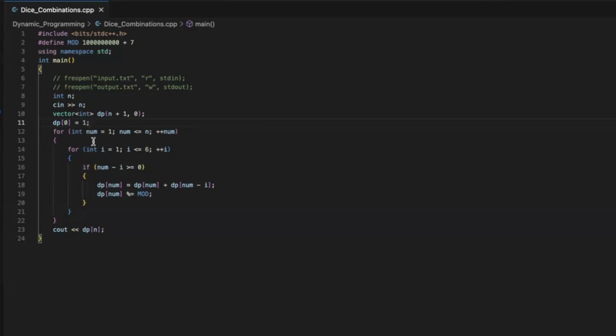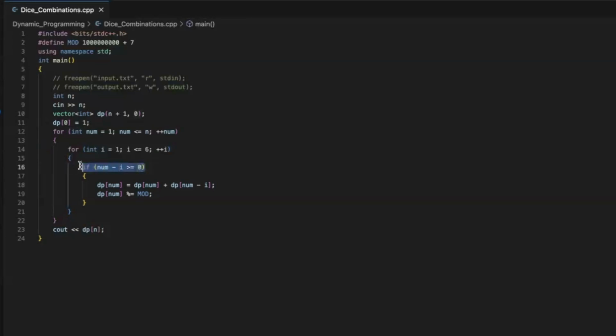So we'll iterate through the numbers one by one incrementally in the outer loop. And then in the inner loop, we'll iterate over the values which we could get if we roll the dice. So that's what we are doing here.